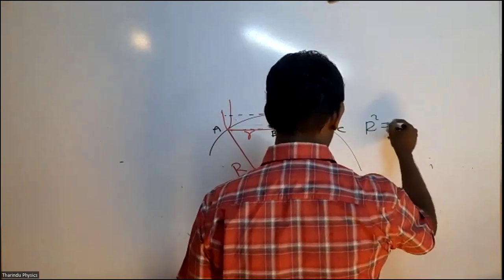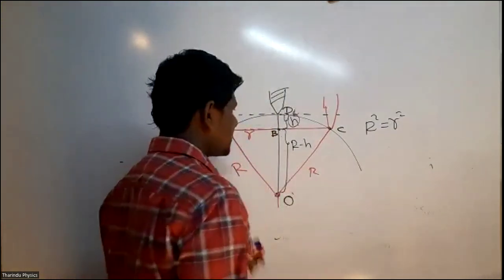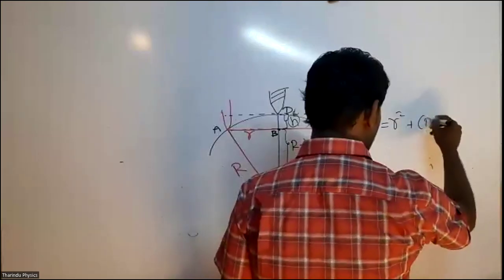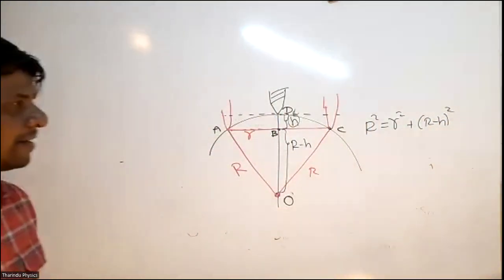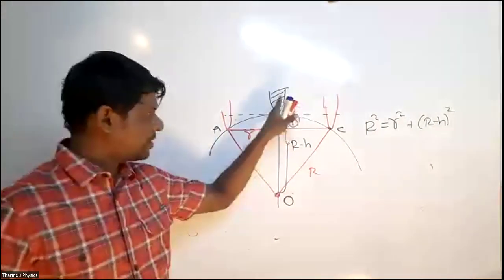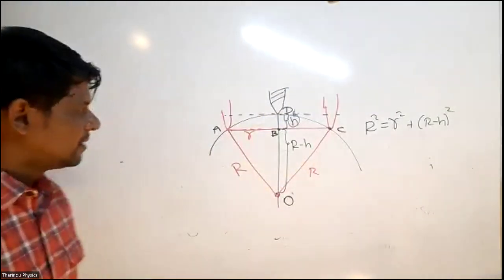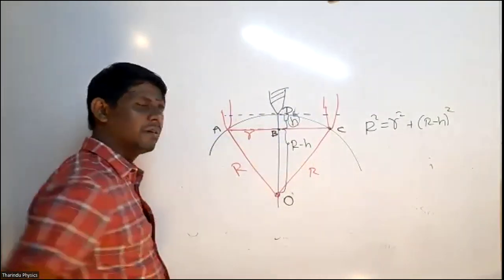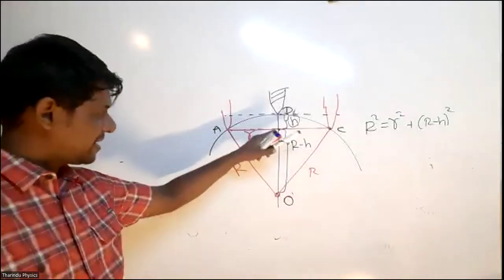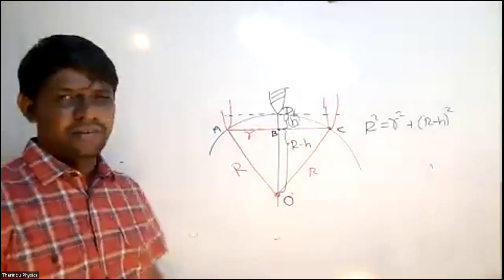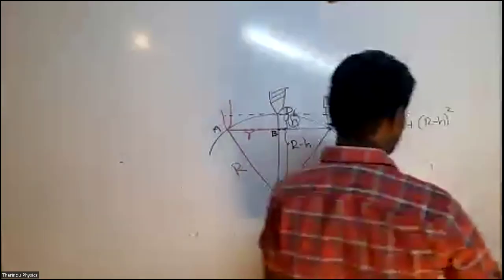R square equals what? Simply R square plus (R minus H) square. You can use the spherometer and find out the height, no problem. But it is kind of weird: to the center of the circle, how can you find it? It is really weird. So keep it as equation number 1.